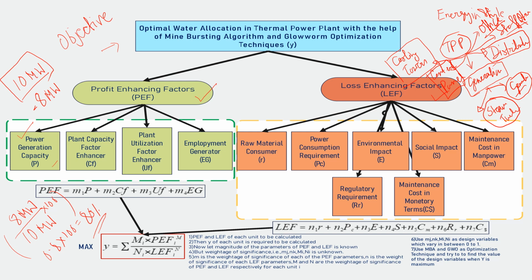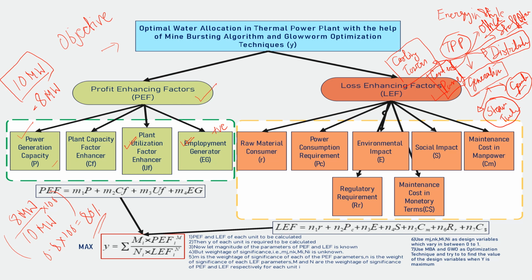Then comes the plant utilization factor. This is also more or less the same, but it mainly deals with the utilization part. Then how much employment that unit is generating. Okay, so these are all profit enhancing factors, because employment we can take as a positive part of a power plant.